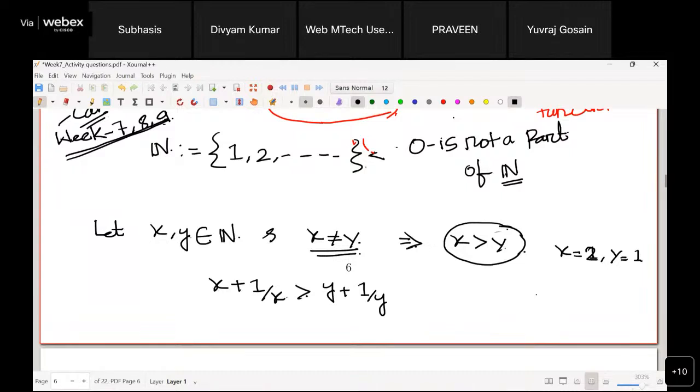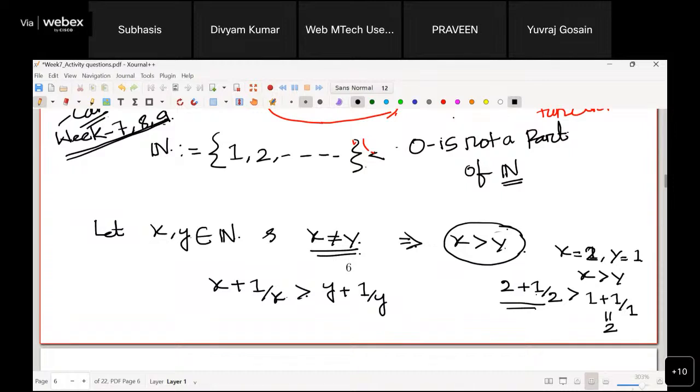Then 2 plus 1 by 2 is greater than 1 plus 1 by 1, which is 2, and certainly this is greater than 2.